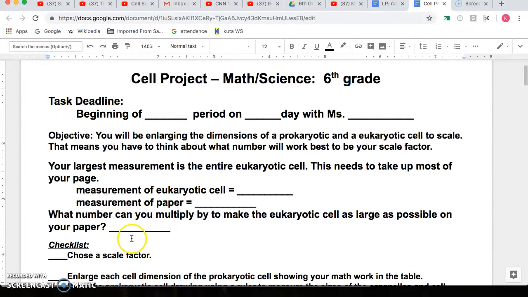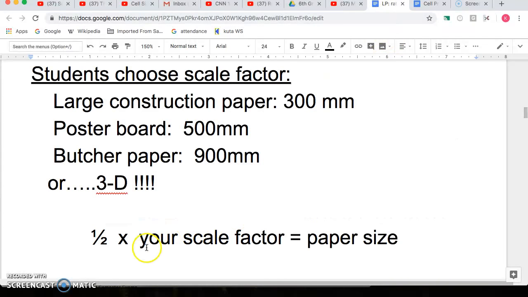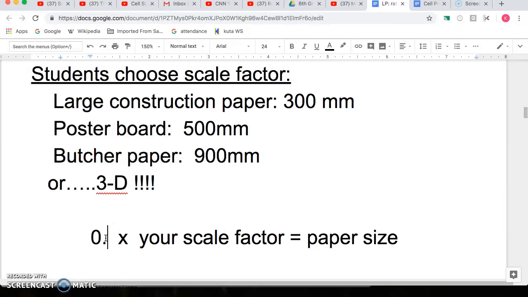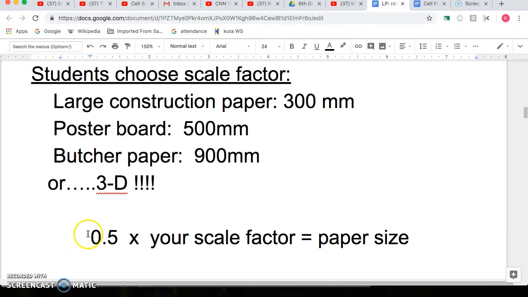Then we need to calculate your scale factor. And that's going to go right here. So here's the trick. That 0.5 is half. So 0.5 of your scale factor equals your paper size.